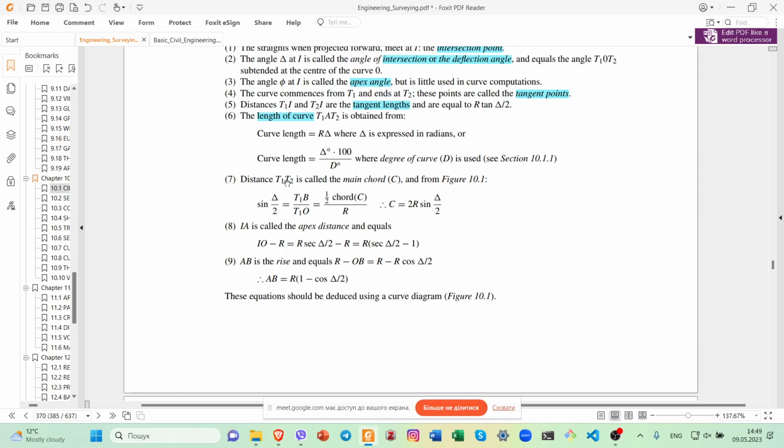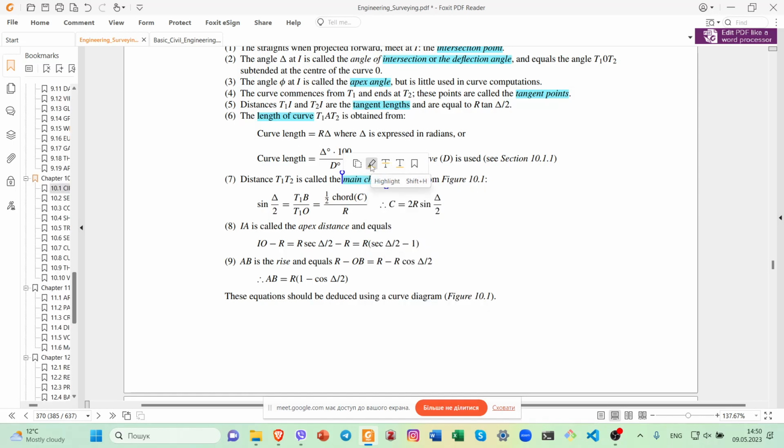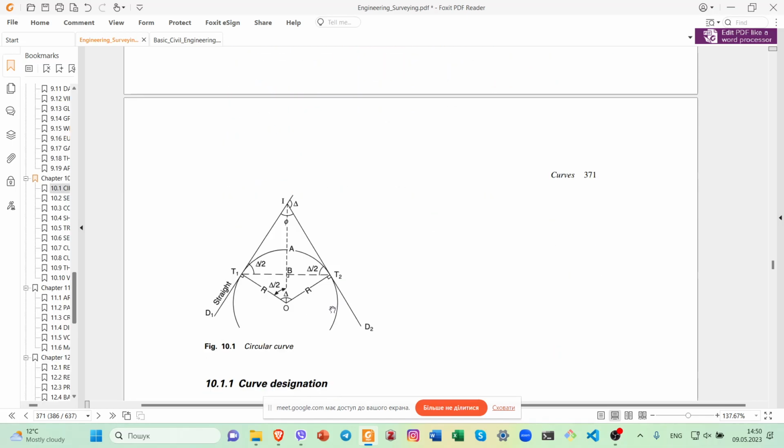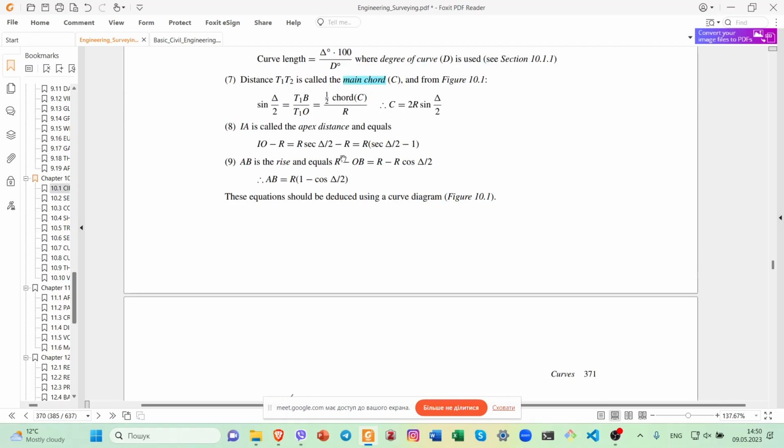Distance T1T2 is called the main chord. It can be calculated by the formula.